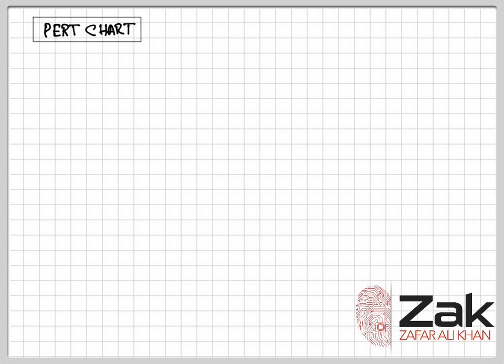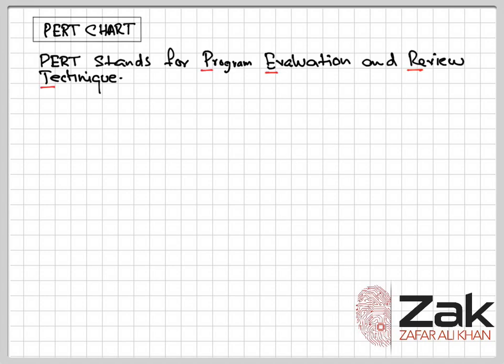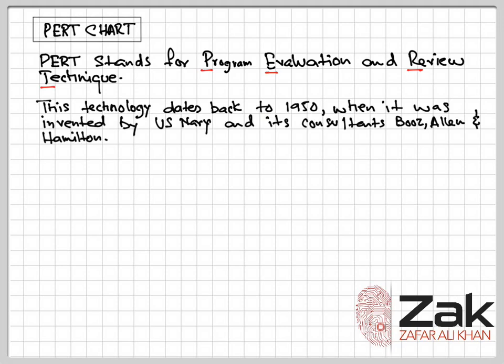So let's start with it. As I said, PERT stands for Program or Project Evaluation and Review Technique. This technique dates back to the 50s when it was invented by the US Navy and its consultants Booz Allen and Hamilton.